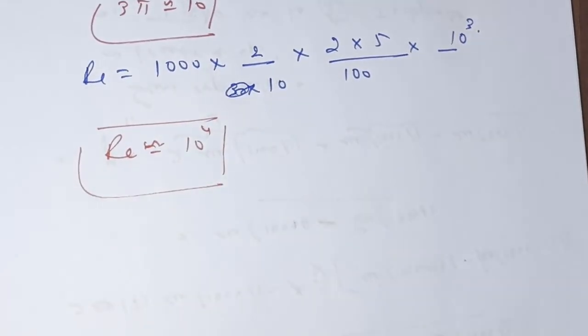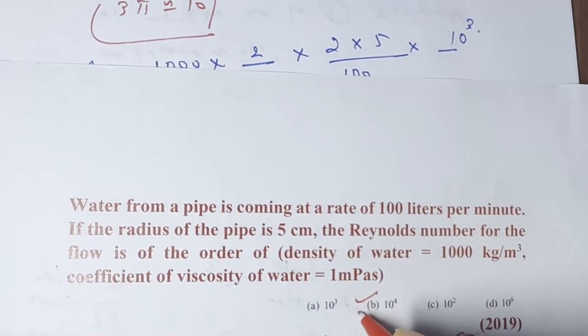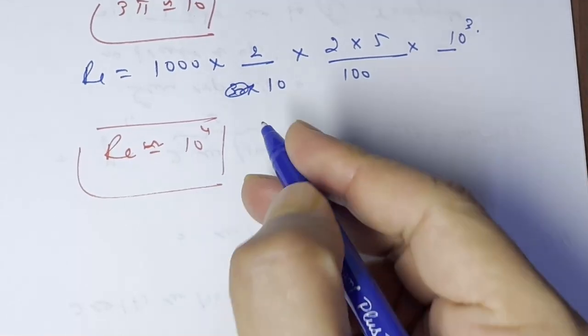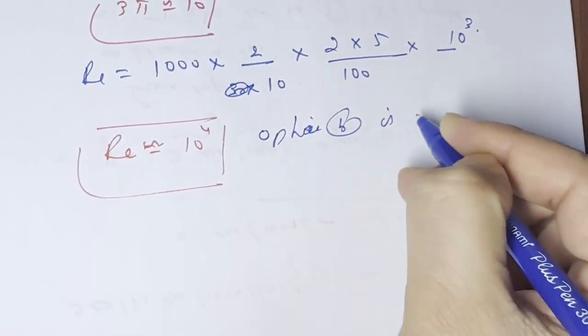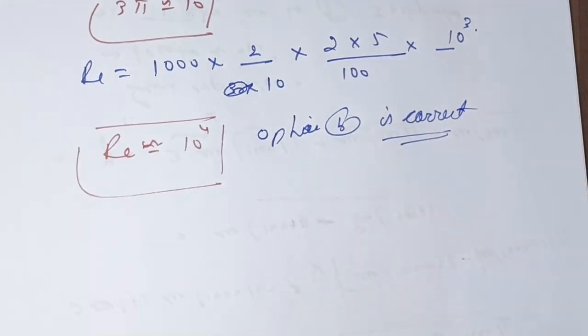So we have to find out the nearest one, the order of. Okay, so we check the options available to us. Option number B is the correct option. You can see option B is correct.